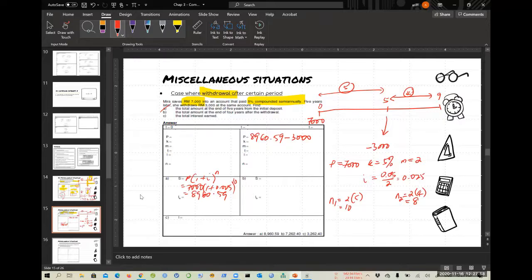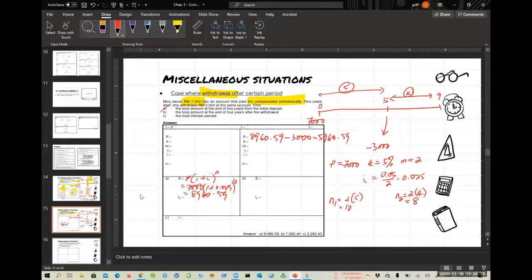So 8 minus 3, you get 5, right? So you get 5960.59. So that will be your new principal after the deduction of 3,000.